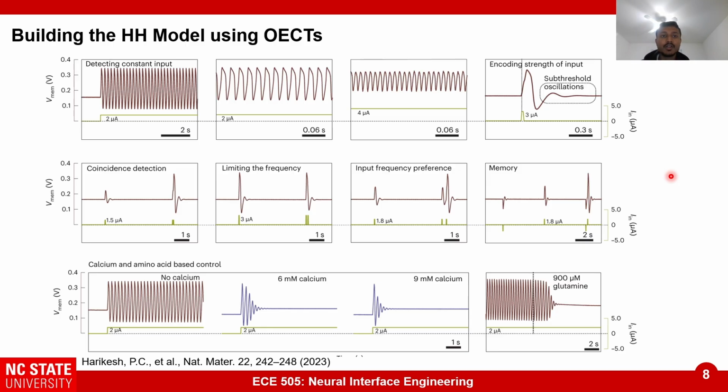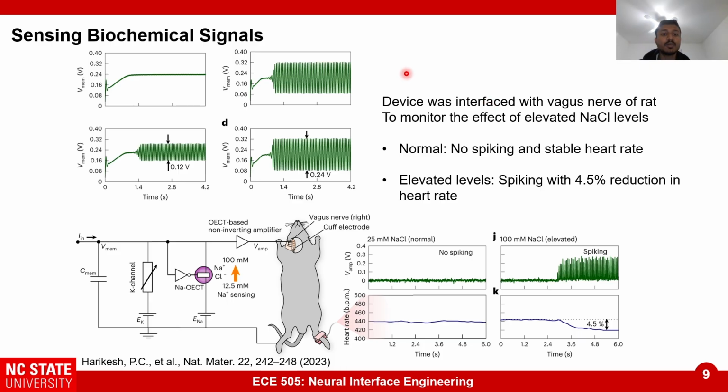So going forward, the authors actually interfaced the entire circuit, specifically the sodium OECT, with the vagus nerve of a rat, where they were actually playing with the concentration of the sodium in this OECT. When the levels were normal, there was no spiking observed in the device, and we can continuously monitor the heart rate of the living rat during the experiment.